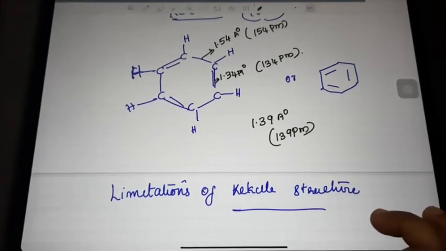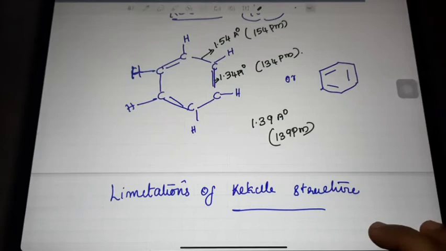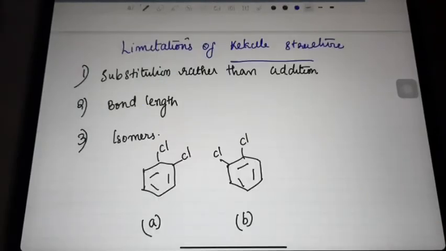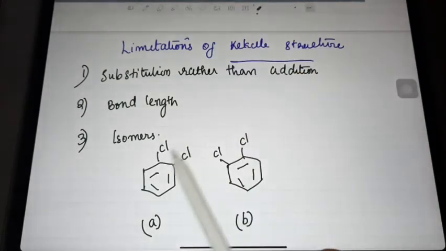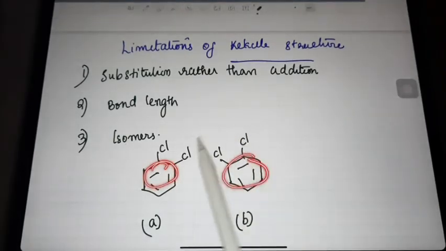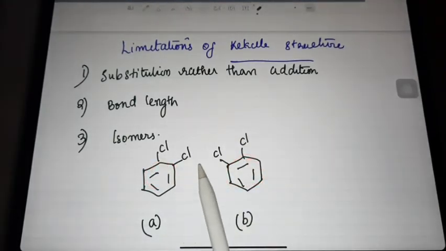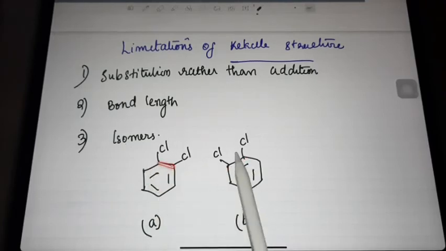And the third one: according to the Kekule structure, we are expecting 2 isomers of 1,2-disubstituted benzene. This is the Kekule structure, right? This indicates the possibility of 2 isomeric 1,2-dichlorobenzenes. So here 1,2, here also 1,2.